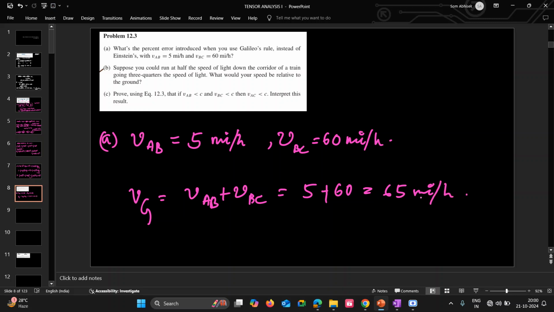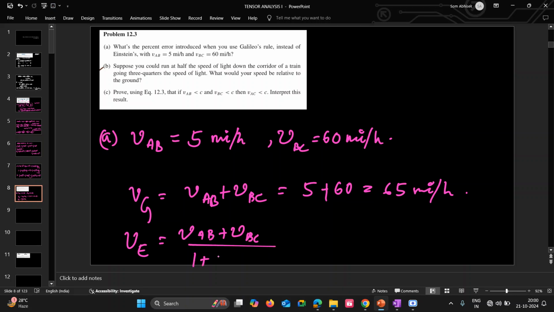So according to Einstein, what will happen? Einstein has a different rule, VE, which is VAB plus VBC divided by 1 plus VAB into VBC divided by C square. So 5 plus 60 divided by 1 plus 5 into 60, that is 300, divided by C square.